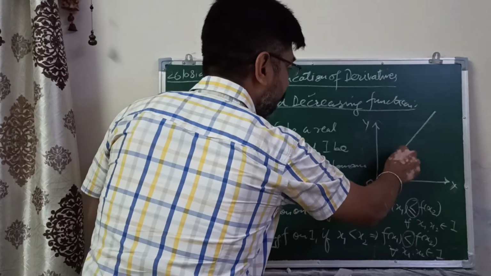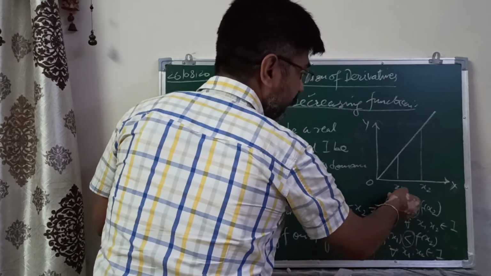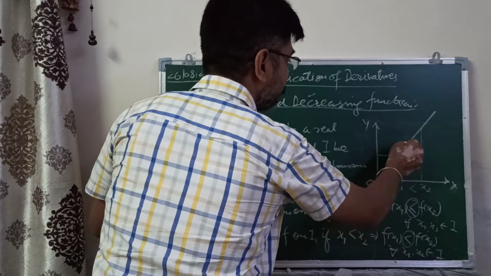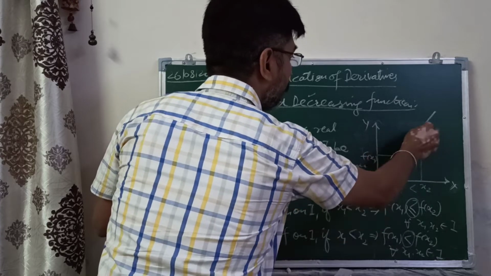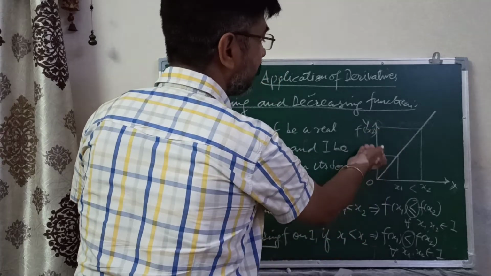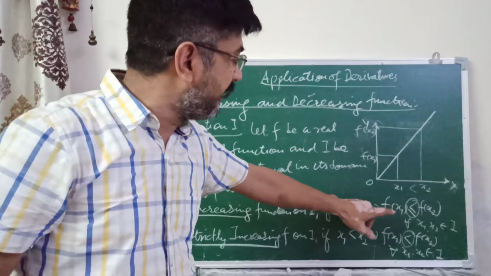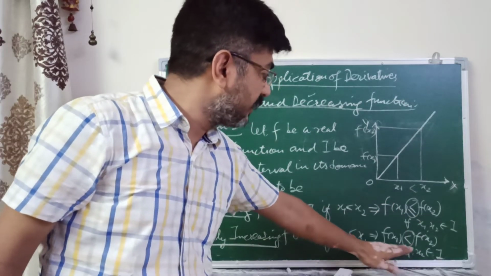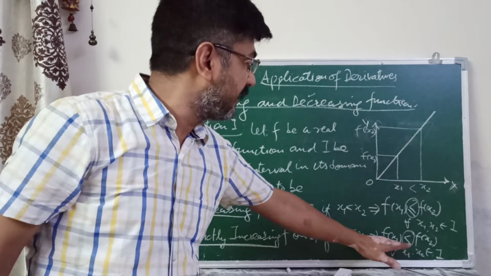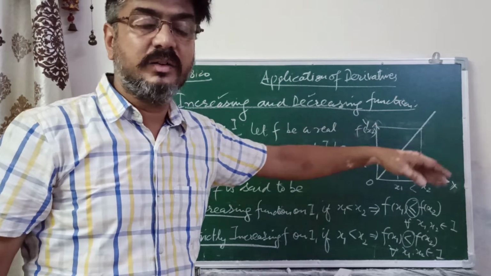Anywhere you can take x1, anywhere you can take x2, x1 is less than x2, then this is fx1 and this is fx2. You can see fx1 is less than fx2. There is no chance of fx1 equal to fx2. This condition is fulfilled. It is called strictly increasing. So this graph is strictly increasing.